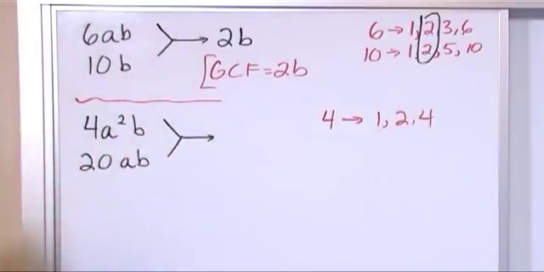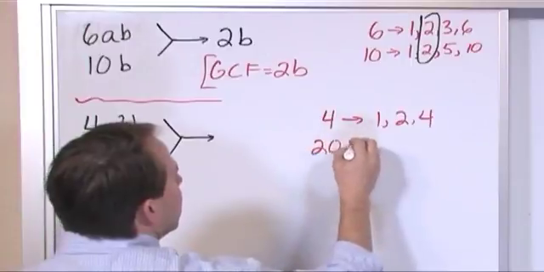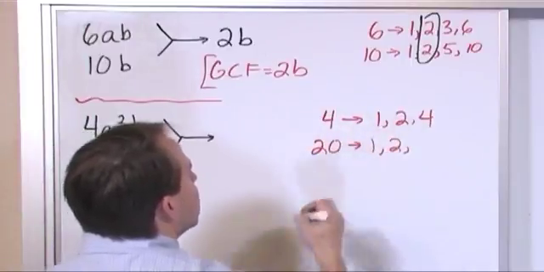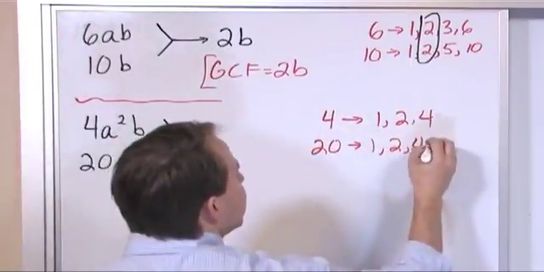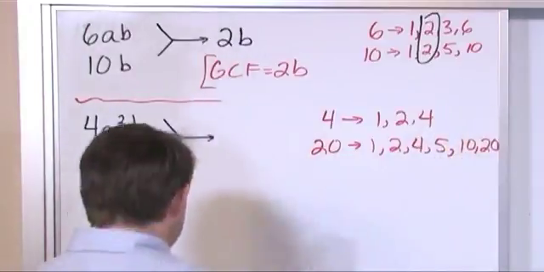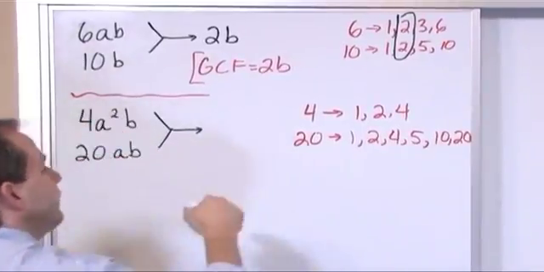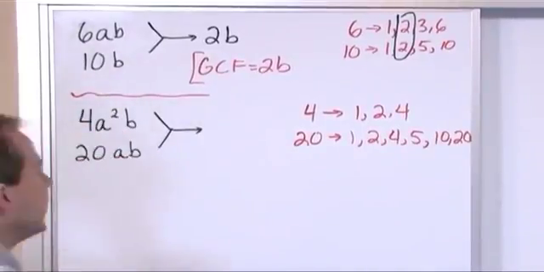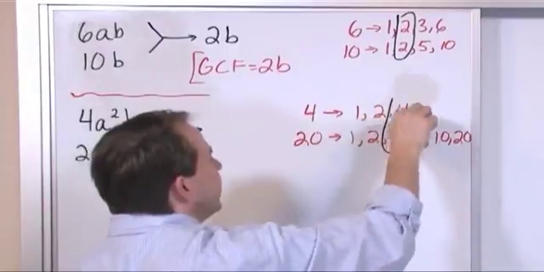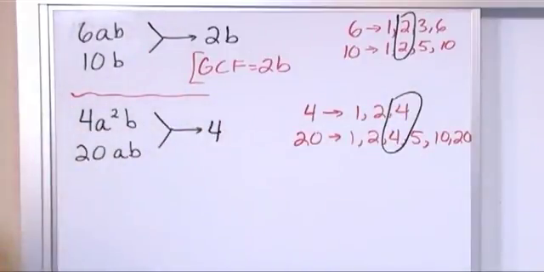For 20, we'll have 1, 2, 4, 5, 10, and 20. Those are the common factors because each of these numbers can divide into 20. Now the greatest common factor is 4. So 4 is the greatest common factor of these numbers.